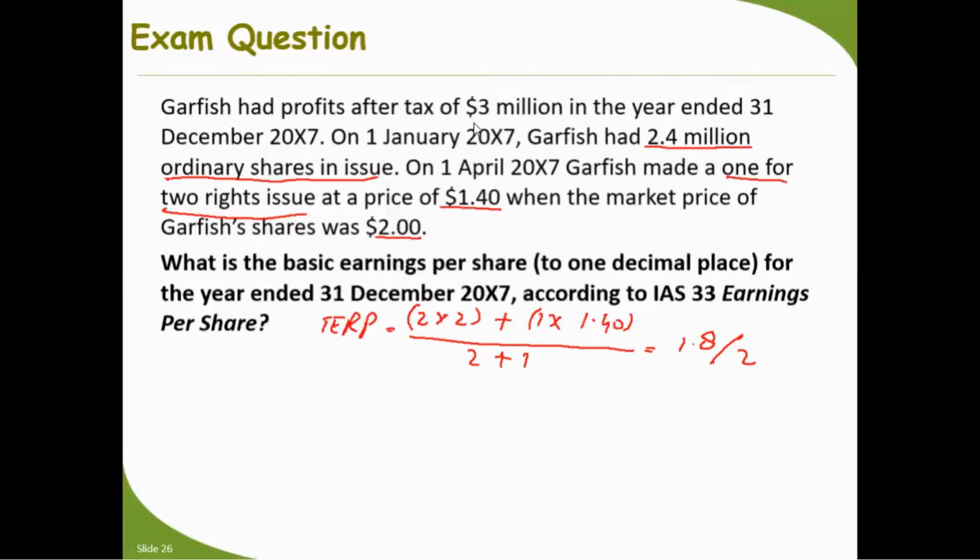Now, $3 million is the profit attributable. We have 2.4 million ordinary shares at 1st January 20x7, and the rights were issued on 1st April 20x7. So 2.4 times the bonus fraction, which is 1.8 divided by 2, times the time fraction, which is till 1st April: January, February, March, 3 divided by 12.